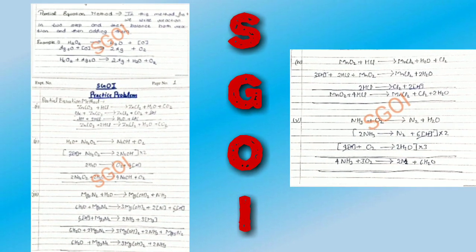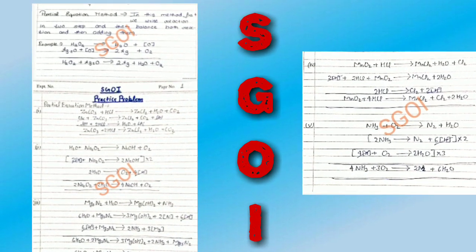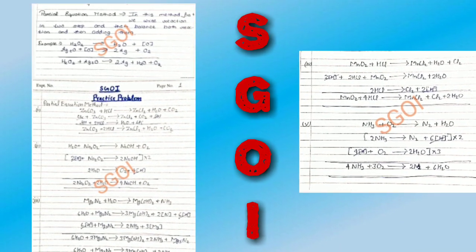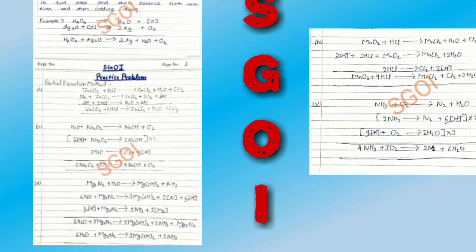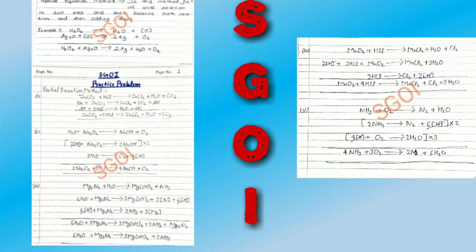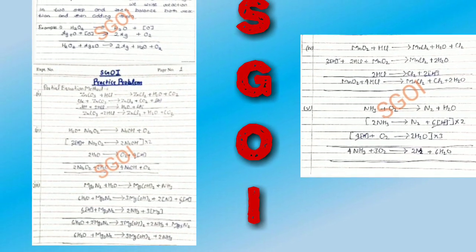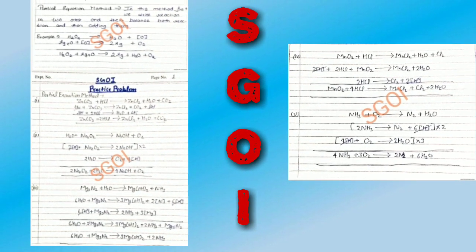Now student, the last reaction is NH3 plus O2 gives N2 plus H2O. So make two half reactions. First is NH3 gives N2 and the next one is O2 gives H2O.